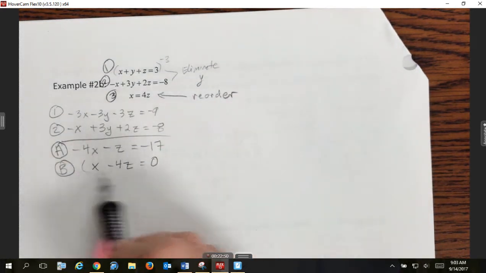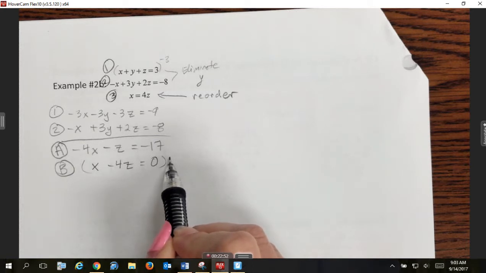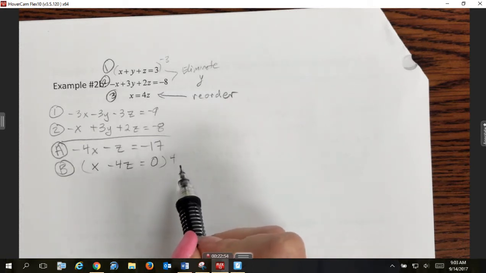All right, so we're multiplying B by 4, right? That's what we're getting rid of, right? Yeah, okay.